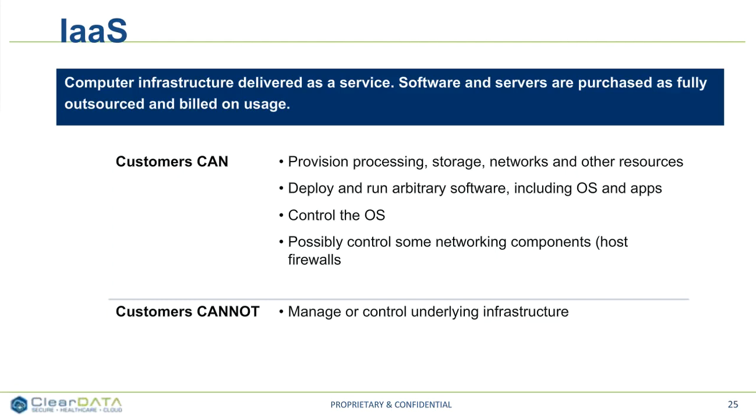The customers can really do a lot more here. They can provision their storage, their networks. They can deploy and run arbitrary software and applications. They can possibly control some of the network components. And one of the things they can't do, though, is manage or control the underlying infrastructure below the hypervisor level.